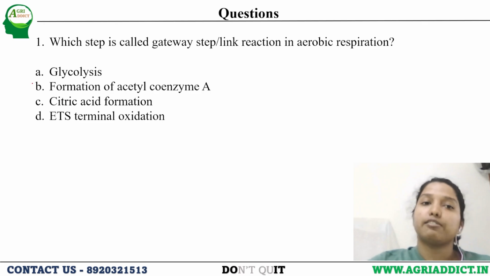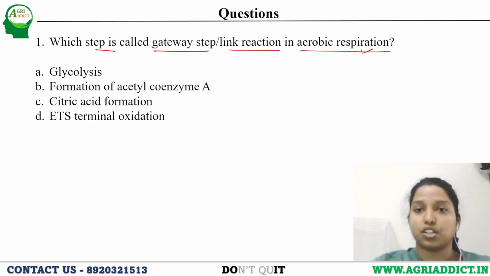The first question is: which step is called the gateway step or link reaction in aerobic respiration? Glycolysis, no, this cannot be. Formation of acetyl coenzyme A, this is the correct answer. Why?